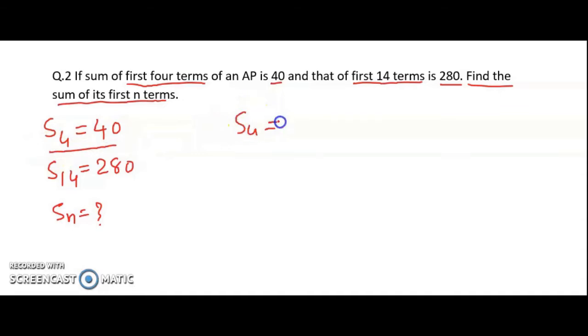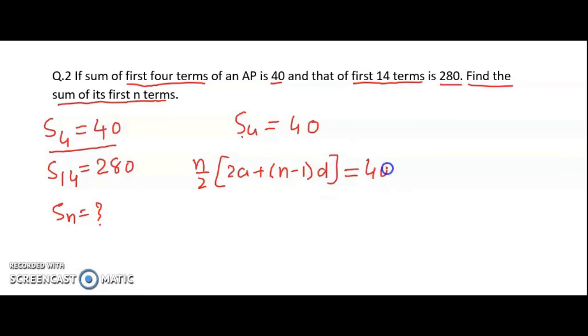The formula is n by 2 into the bracket 2a plus n minus 1 d. In place of n we put 4, so this becomes 4 divided by 2 into 2a plus 4 minus 1 d, equal to 40.